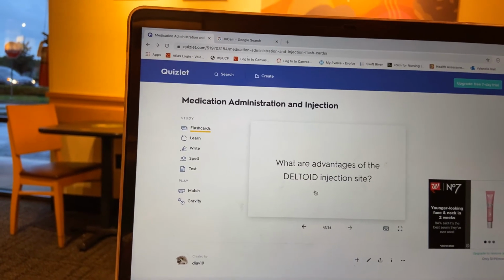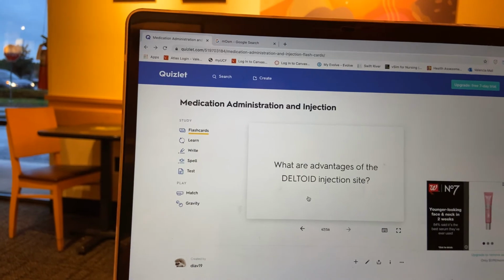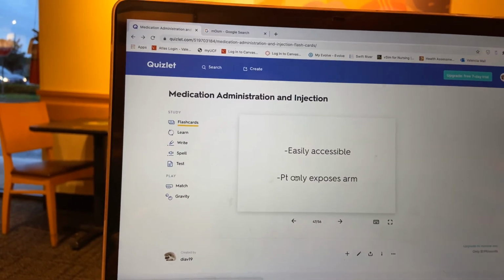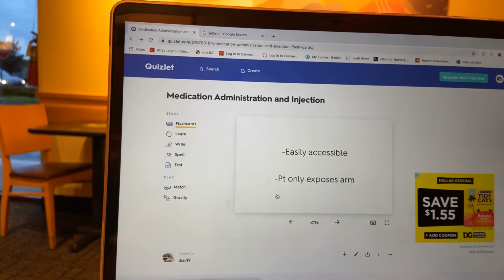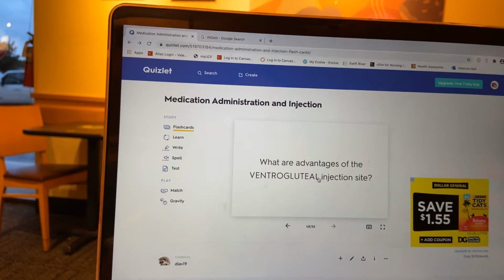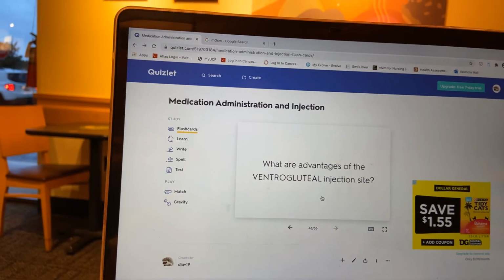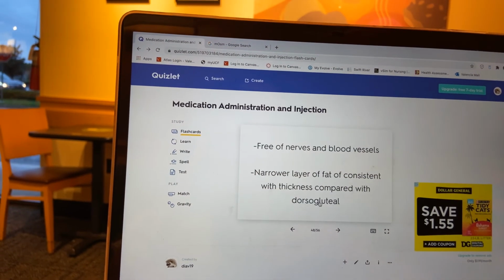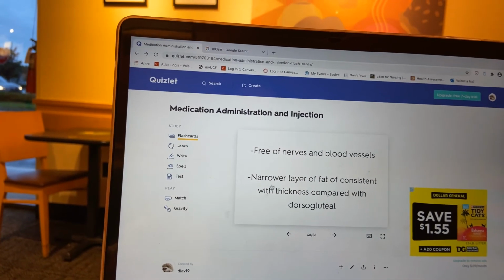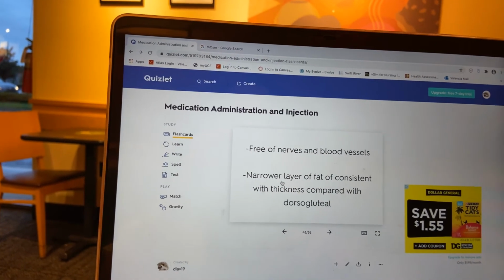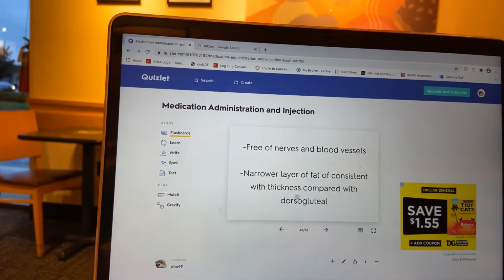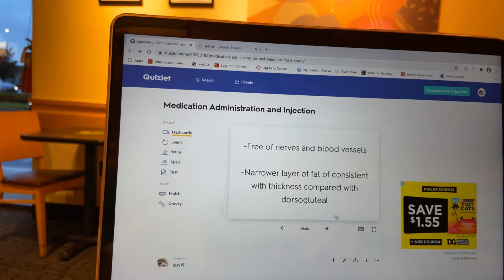What are advantages of the deltoid injection site? It's easily accessible and the patient only exposes their arm. What are advantages of the ventral gluteal injection site? It's free of nerves and blood vessels, and it's a narrower layer of fat of consistent thickness compared with dorsal gluteal.